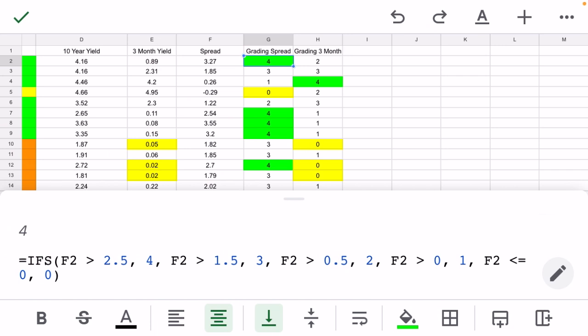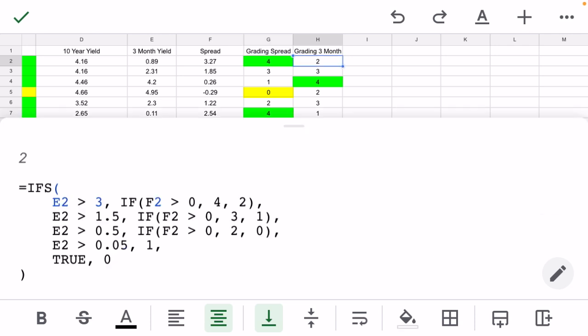So you can see it gets a 4 for the first one because the spread of 3.27 is greater than 2.5. And then also if it's greater than 1.5, then it gets a grade of 3. So a grade of 4 would basically be an A for the grading of the spread.